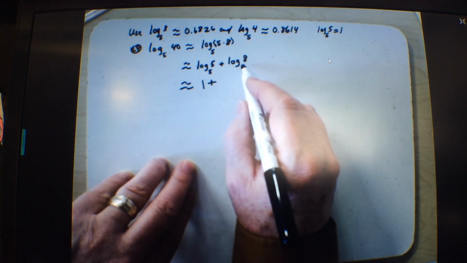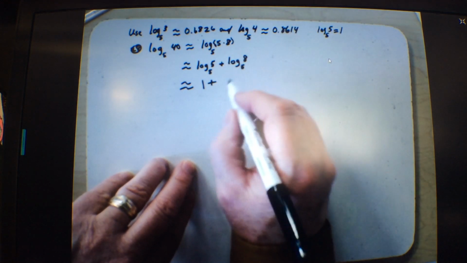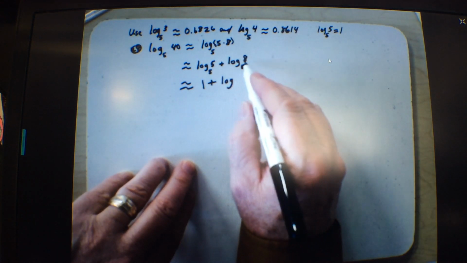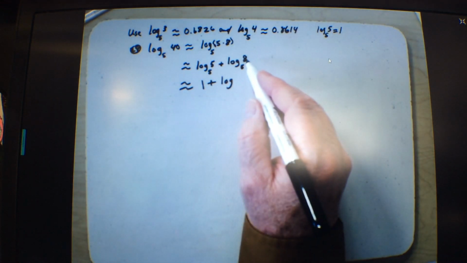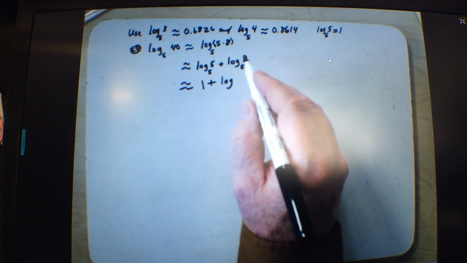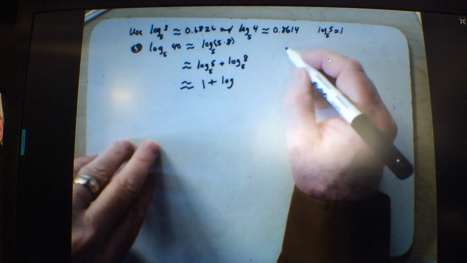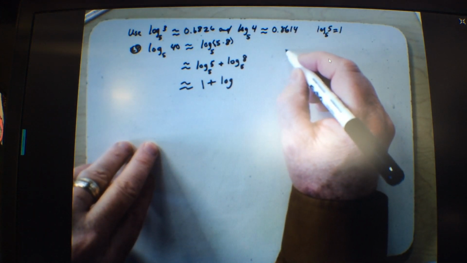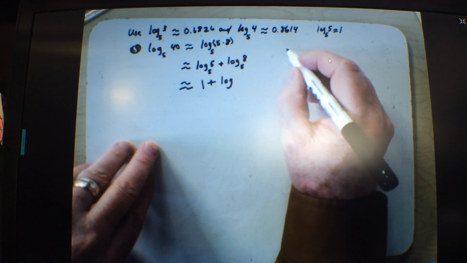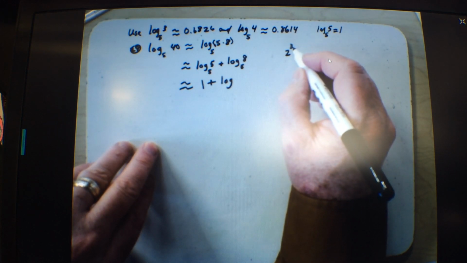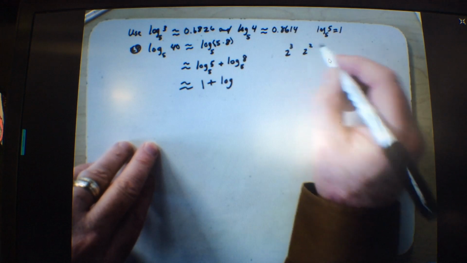But this is the tough one, Jaws. So I'm going to tell you what it is. 8 can be written as a power of 4. I don't know if you can know this, but 8 is 2 to the 3rd power, correct? 4 is 2 to the 2nd power, right?